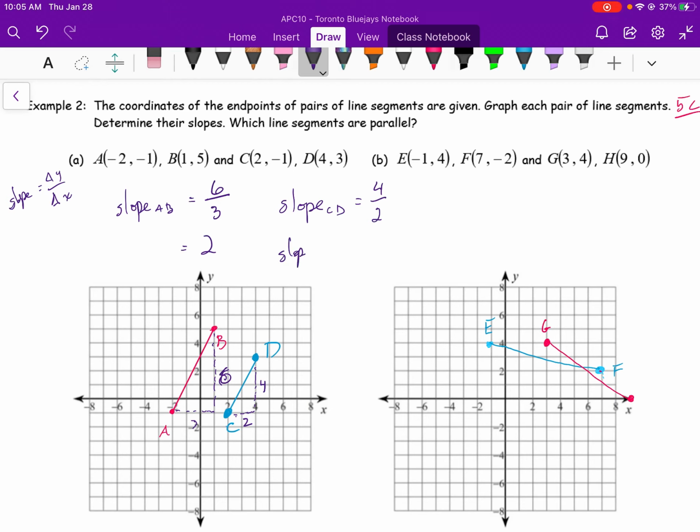So the slope of CD is 4 over 2, which is 2. So what can I conclude? Therefore, AB is parallel to CD. Those two marks, when I put them like this, imply that they are parallel. They're two parallel lines.